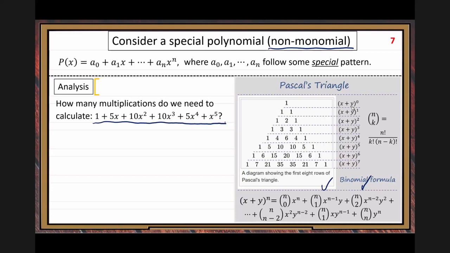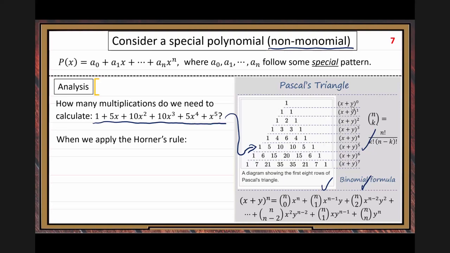Now you know it corresponds to one row in Pascal's triangle. After you identify that, you can write it as a binomial expression.